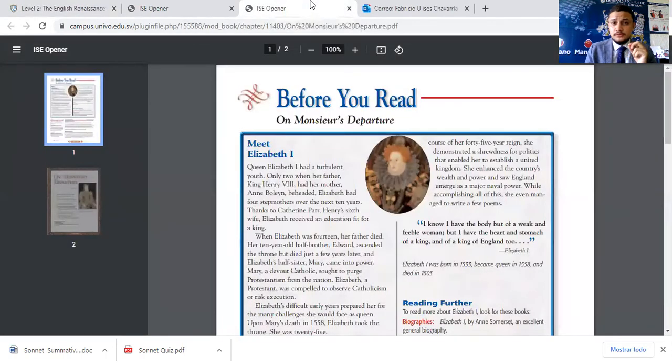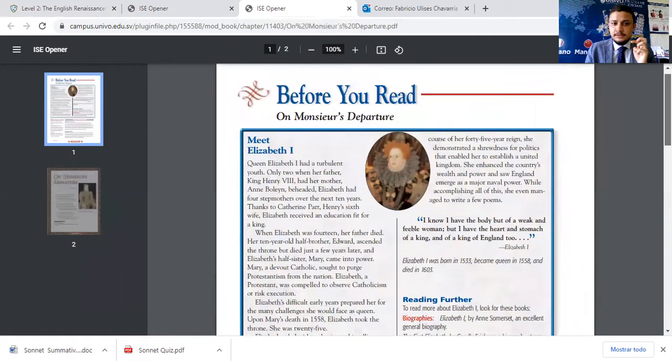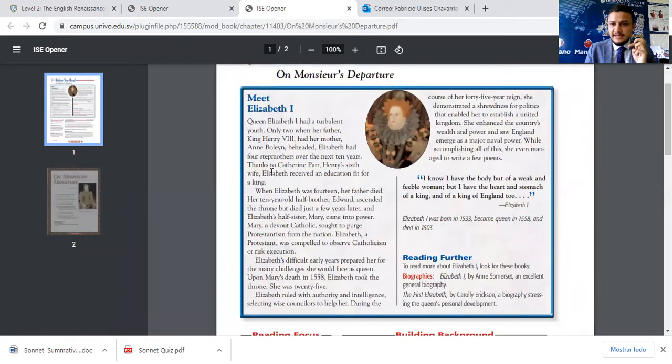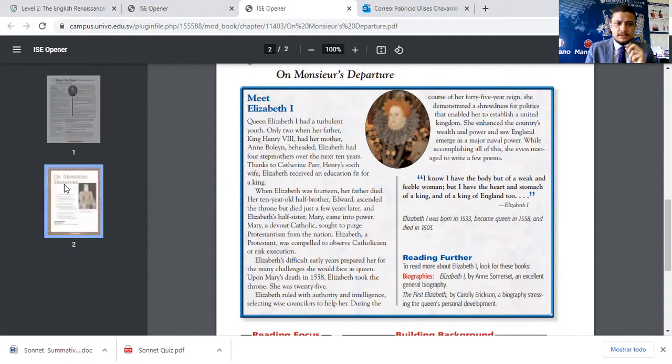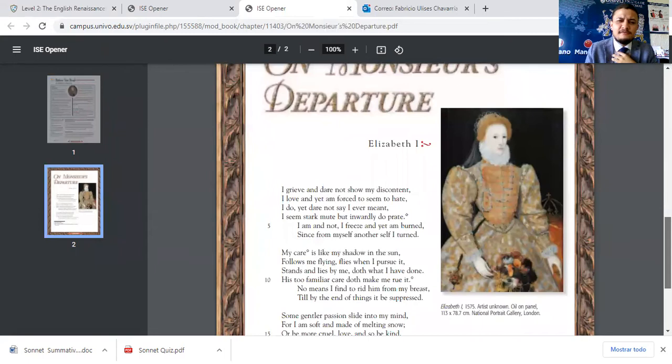And then we have a third one that is also 2 pages long: On Monsieur's Departure by Elizabeth I. You're gonna get a notion of who Elizabeth I was. And then you have this famous poem that is actually very beautiful.